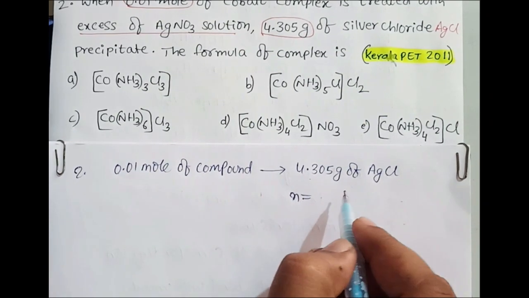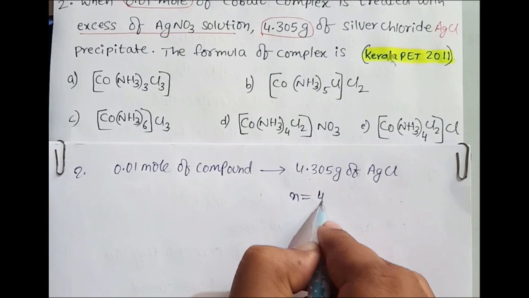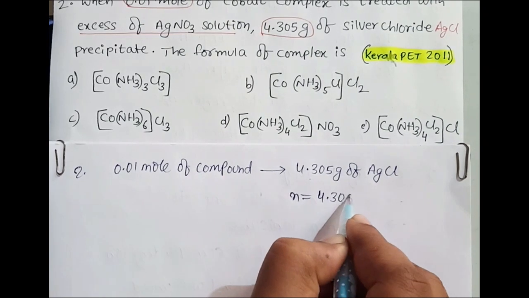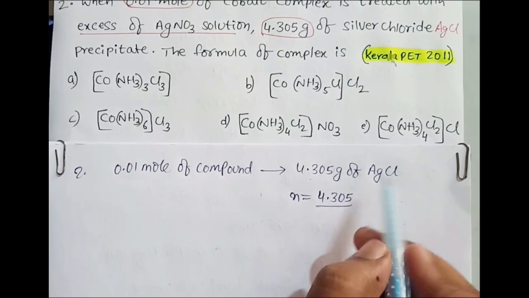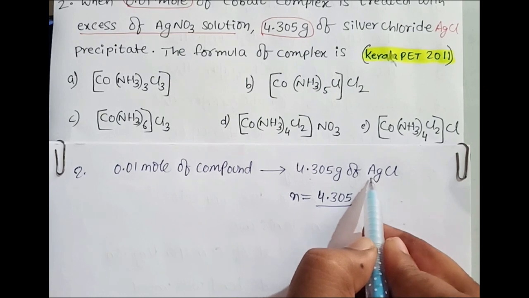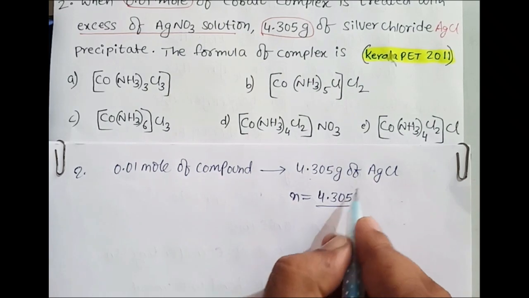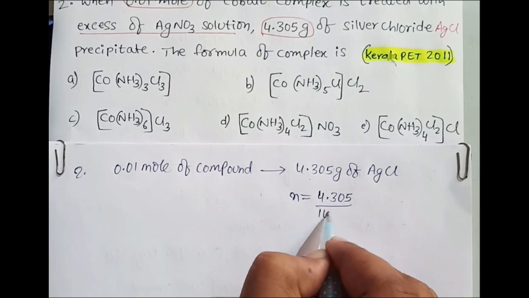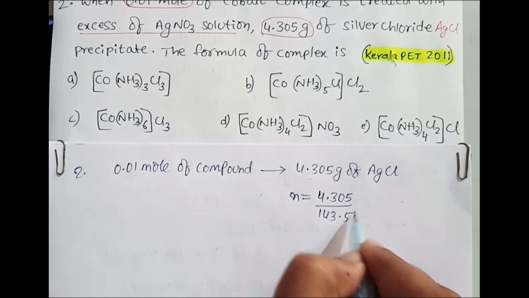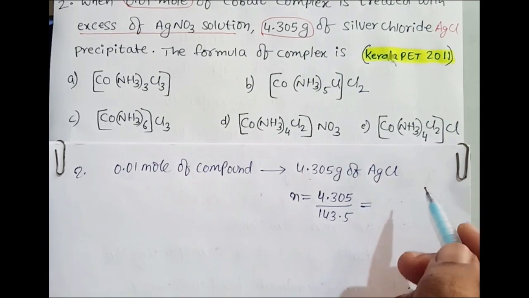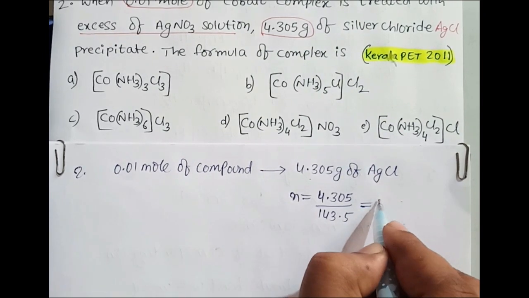Number of moles is equal to given mass upon molar mass, so 4.305 upon the molar mass of AgCl. The mass of Ag is 108 and Cl is 35.5, so it means 143.5.